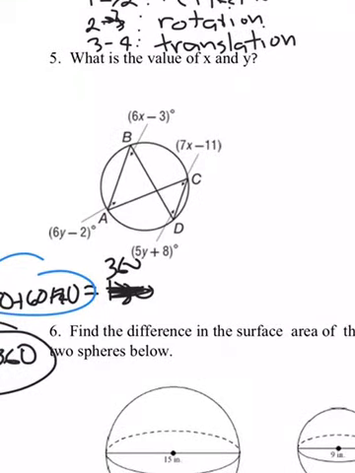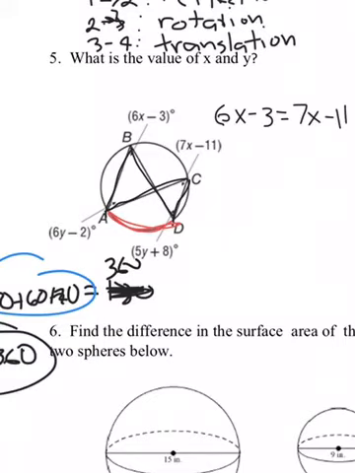What is the value of x and y? These two inscribed angles go to the arc AD, therefore they're equal. So you're going to set up 6x minus 3 equals 7x minus 11.